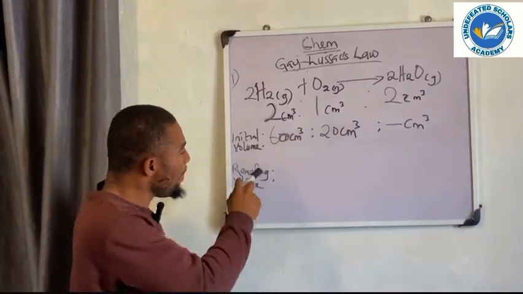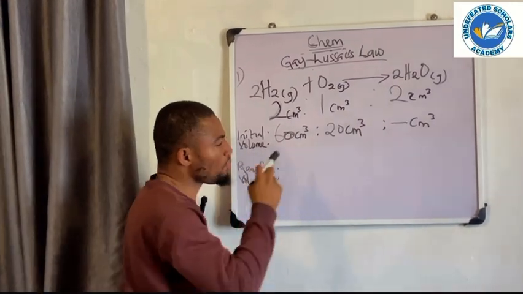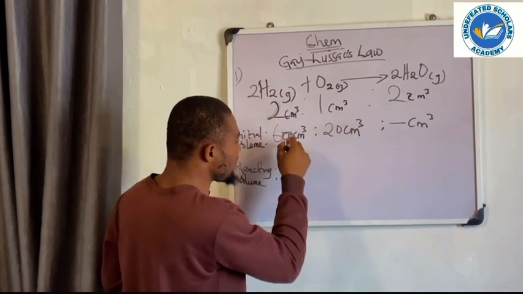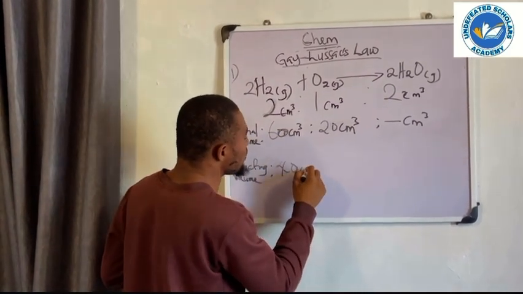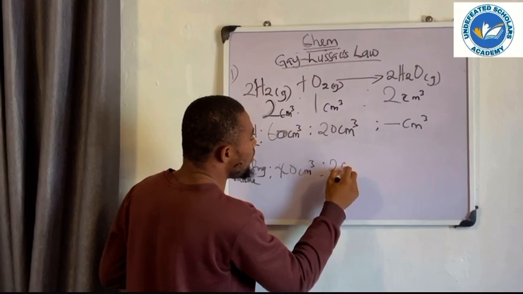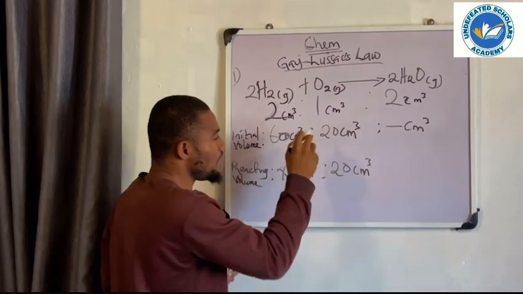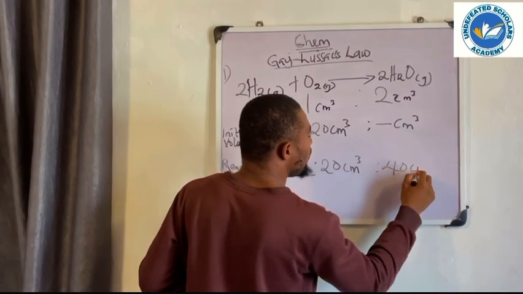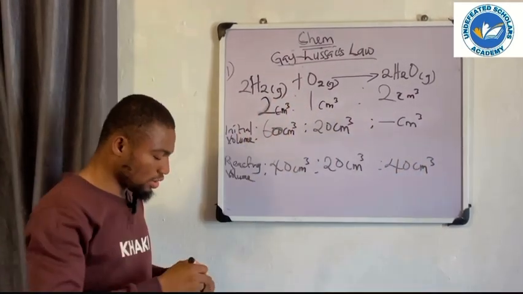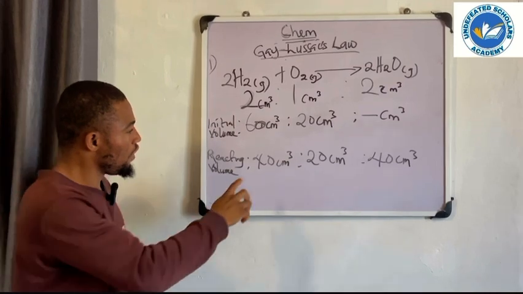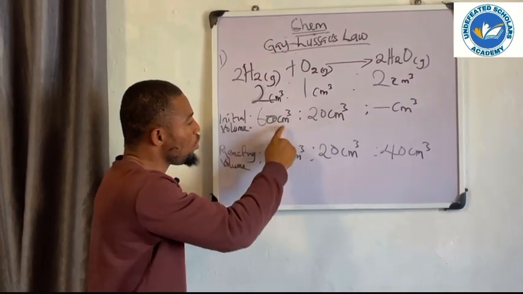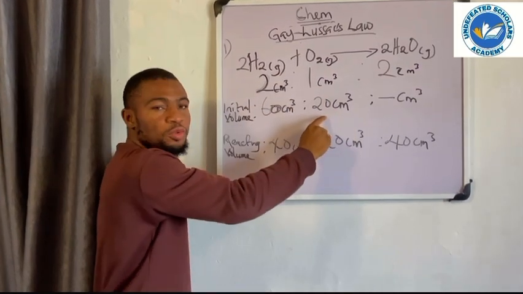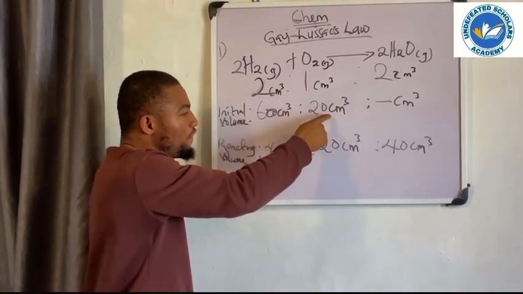We check how much hydrogen will completely react with 20 cm³ of oxygen. 40 cm³. So 40 cm³ of hydrogen will completely react with 20 cm³ of oxygen to give 40 cm³ of water. Since we need half of 60, which is 30, but oxygen is not up to 30.